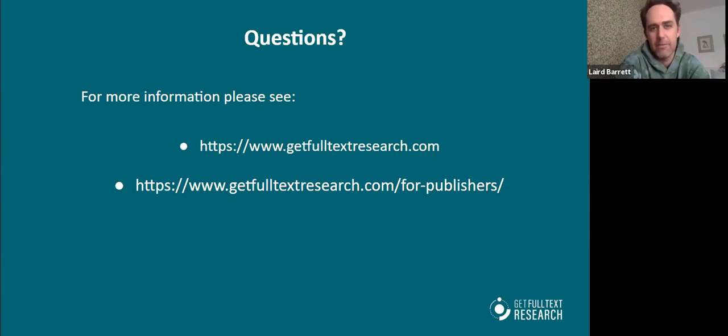So it doesn't always capture all of the content that is free, for example, or all of the content that has been published hybrid OA or something along those lines. And so I think GetFTR does have an advantage over the current setup with Google Scholar, in that it can provide that more accurate entitlements information.